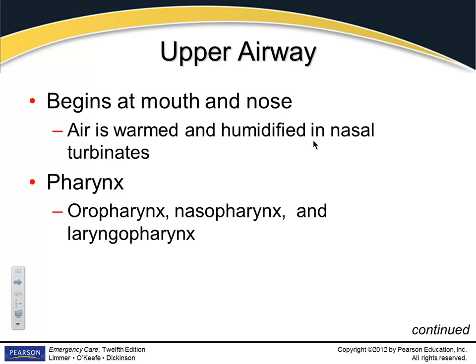Oro means mouth, behind the mouth. Nasopharynx, behind the nose. And the laryngopharynx really is the area right where our larynx is. Sometimes you may see a hypopharynx. A hypopharynx is going to be the bottom part of that open space before it moves south.